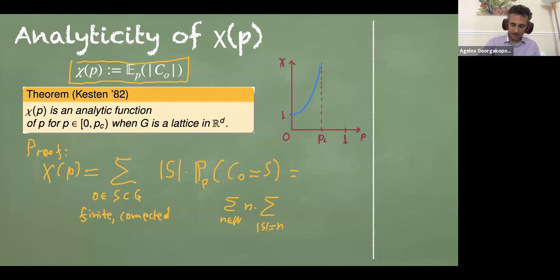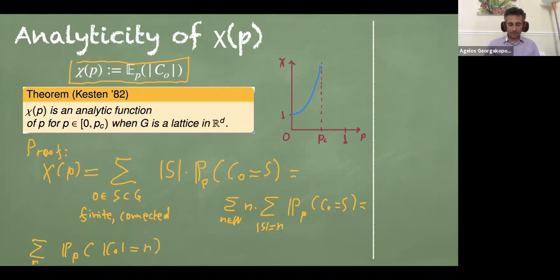And I leave the rest of the expression alone. And I can further rewrite this as the probability that the cluster of the origin has size exactly n.